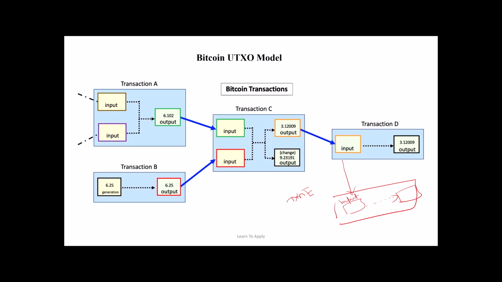So I am directly using transaction D as my input, that is, I am trying to utilize this output here. So I have this much balance to spend. If I do it like this, then I have completely utilized all of that UTXO value. So this output of transaction D is not a UTXO now. Why? Because I have utilized it after transaction A. This is how transactions are carried out in Bitcoin.